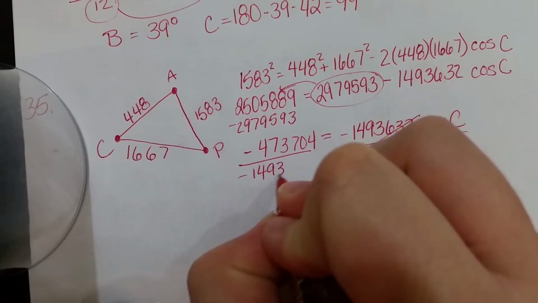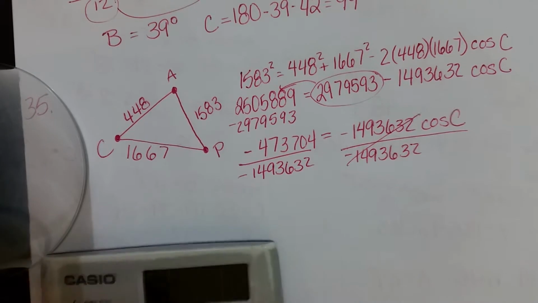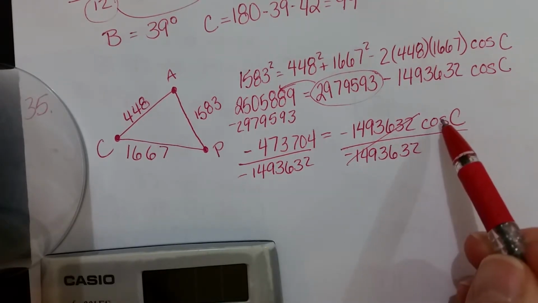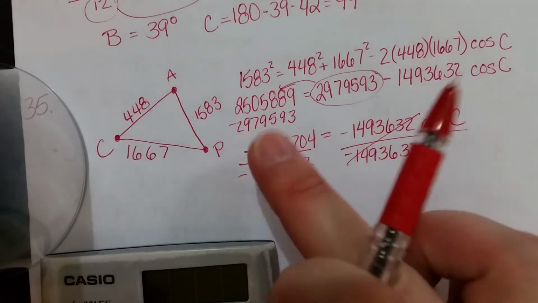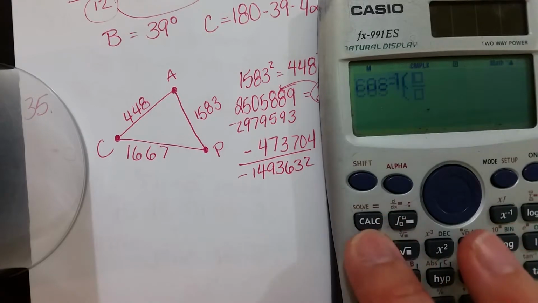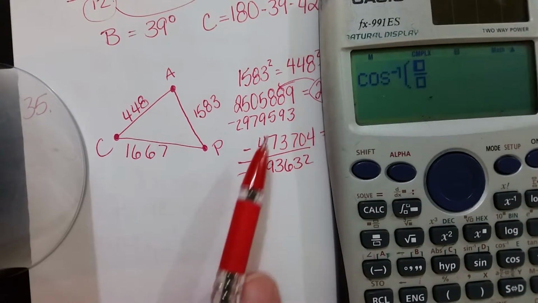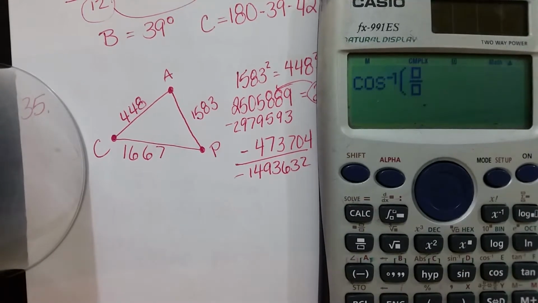Alright, and then because it's cosine here, we're going to need to do shift cosine of this to find the actual angle. So I'm just going to do that all at once. So shift cosine, and then it's a fraction. I have a negative divided by a negative, so I'm not going to put the negative because I know it's going to be positive.